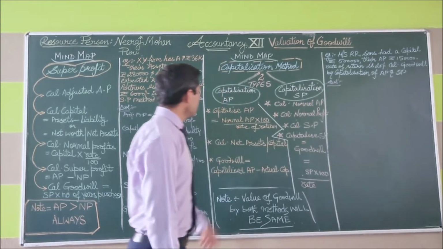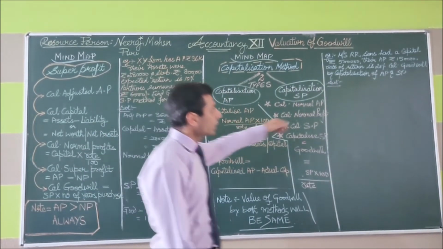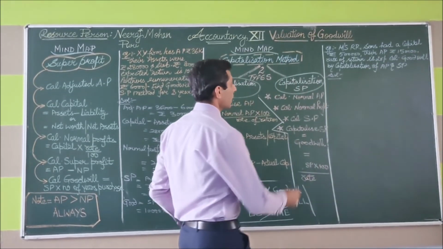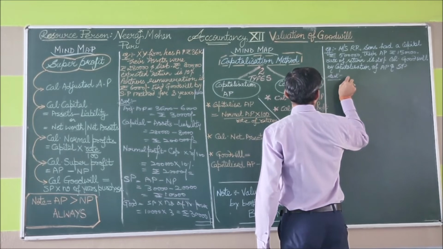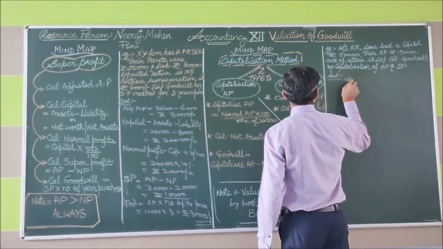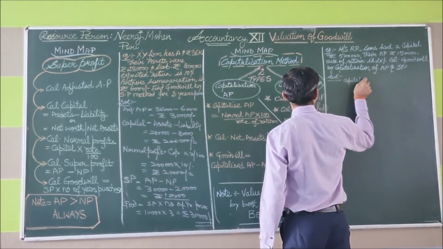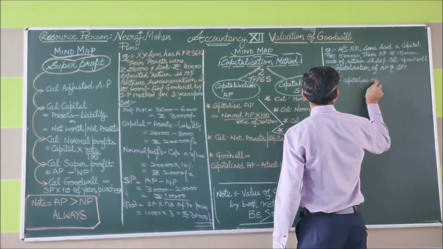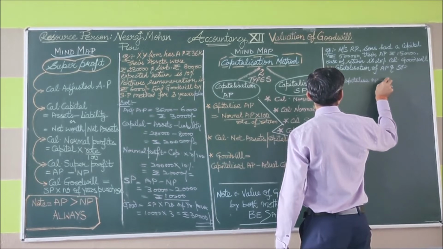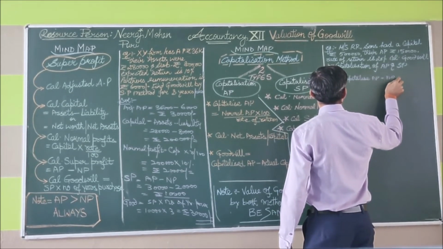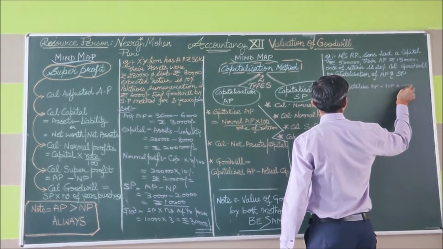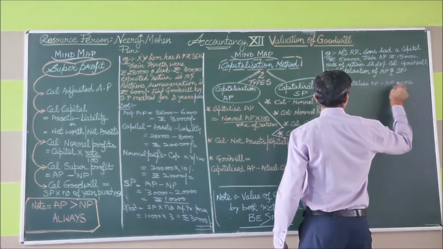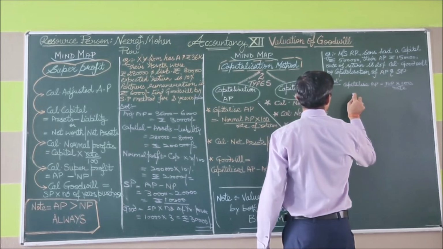Step number 1, we have to take the average profit, which is given in the question as 1,50,000. We have to capitalize it. So capitalized average profit is equal to average profit multiplied by 100 and divided by rate of return. Substitute the values.